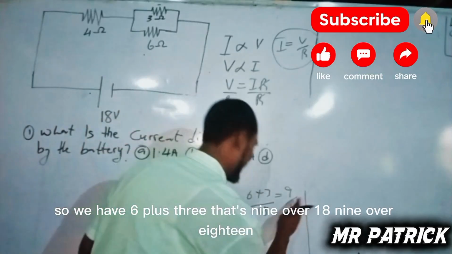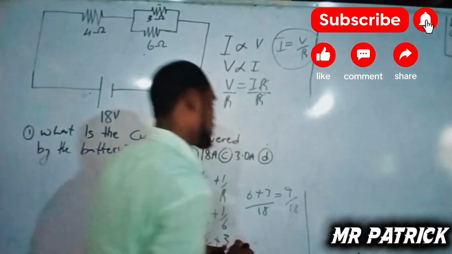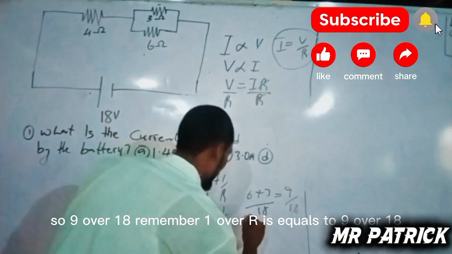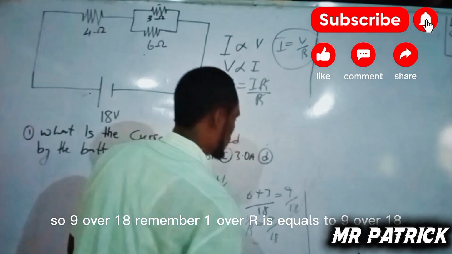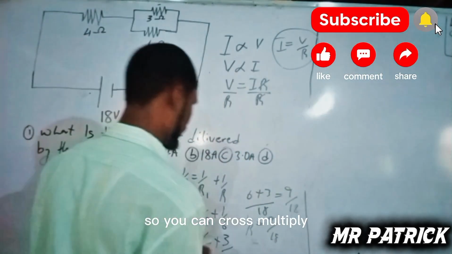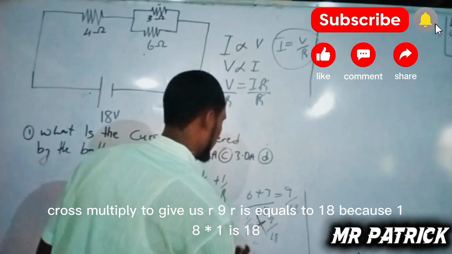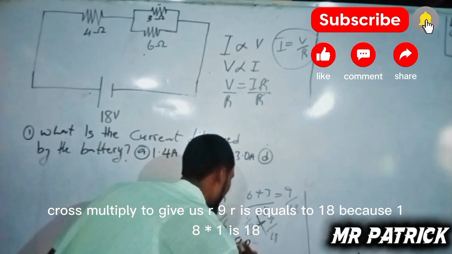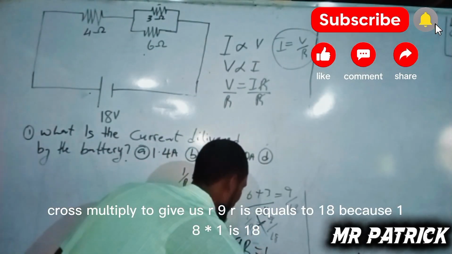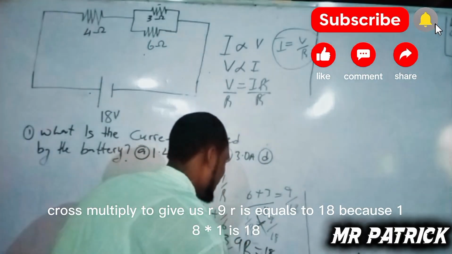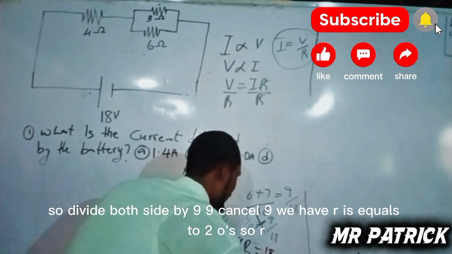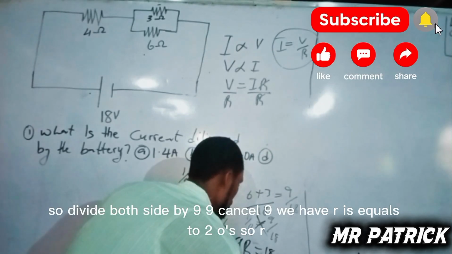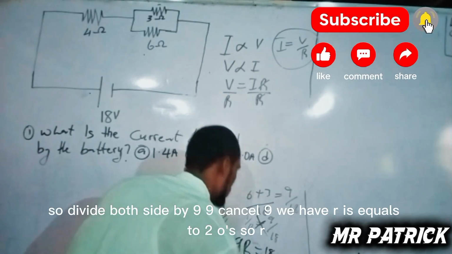Remember, 1 over R is equal to 9 over 18. So you can cross multiply to give us 9R is equal to 18, because 18 times 1 is 18. Divide both sides by 9. 9 cancels 9. We have R is equal to 2 ohms.